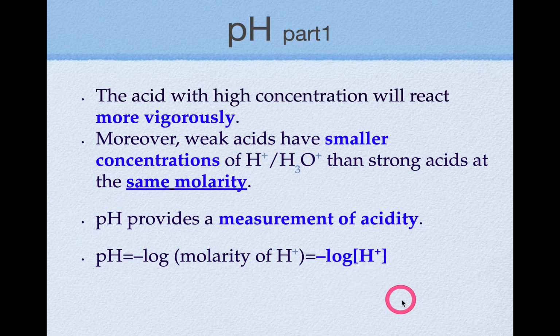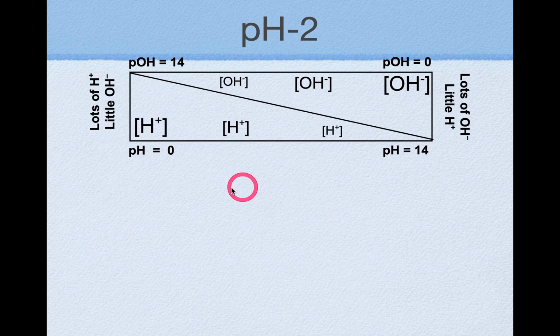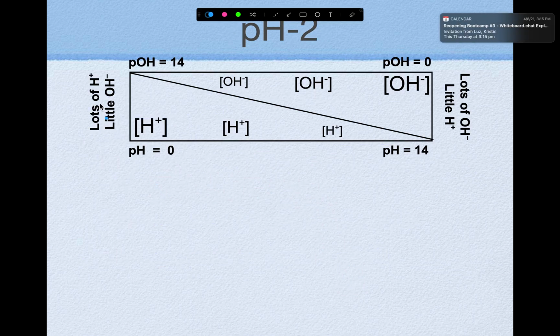To get the pH, we want to take the negative log of bracket H plus bracket, and that means the molarity of H plus or H3O plus. Remember, they're synonymous.